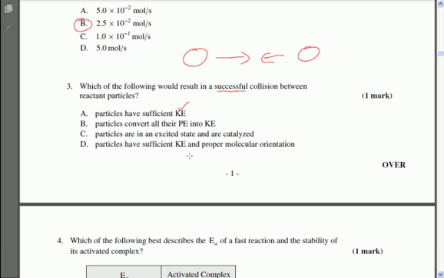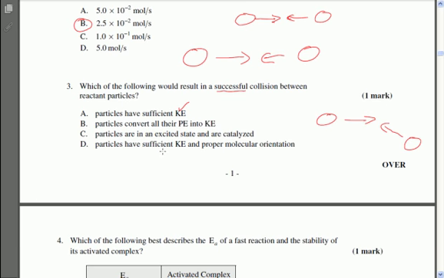So they have to have enough kinetic energy, and they also have to hit each other with the correct orientation. They have to hit each other just perfectly. If they hit each other at some kind of angle, then some of the kinetic energy is lost, and therefore they don't have enough kinetic energy.